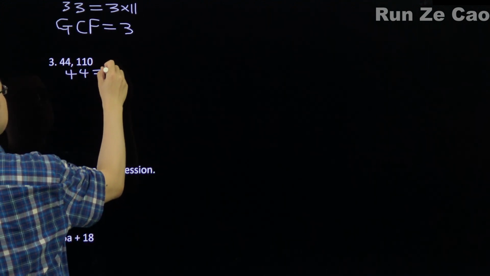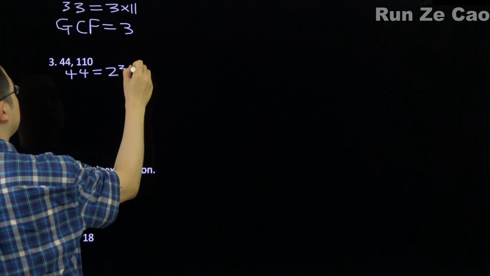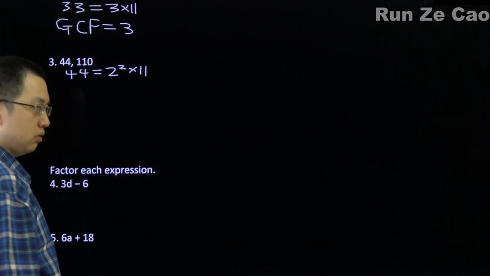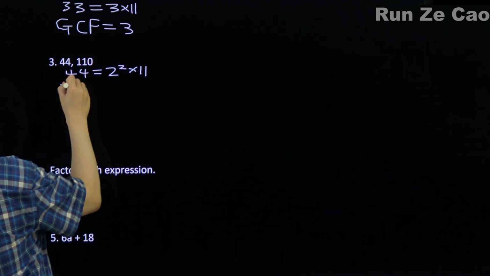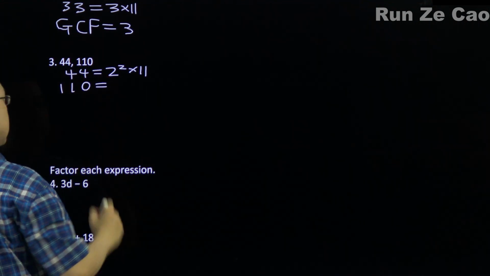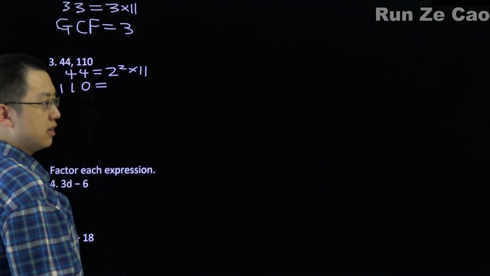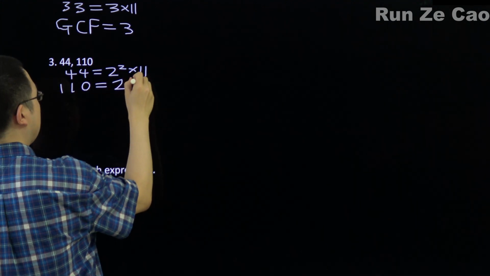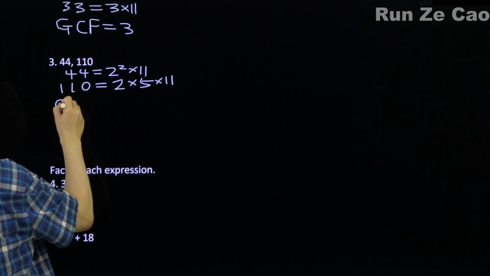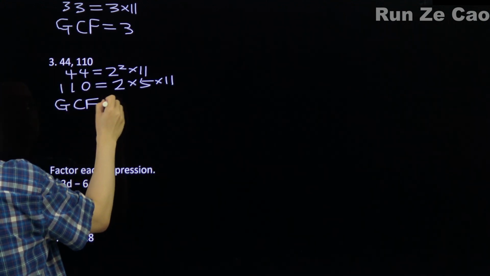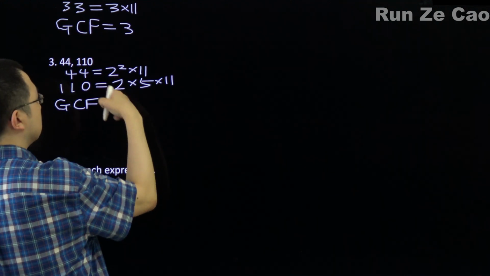44 is equal to 2 squared times 11. It's 4 times 11. So 110 is 10 times 11. In other words, 2 times 5 times 11. So the greatest common factor is equal to 2.